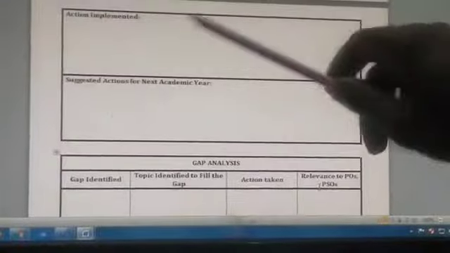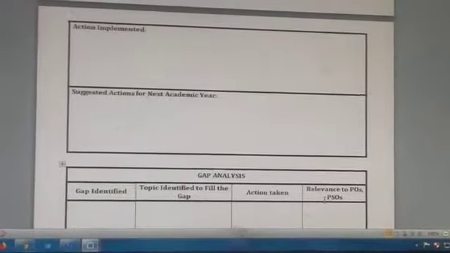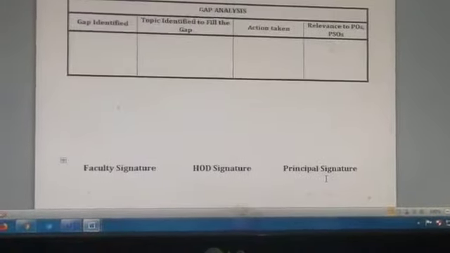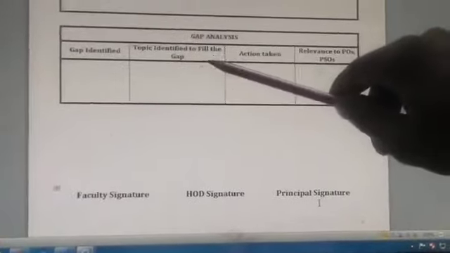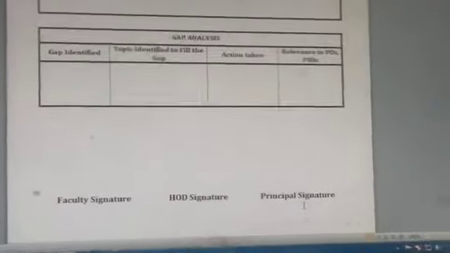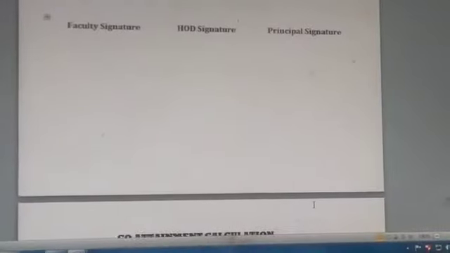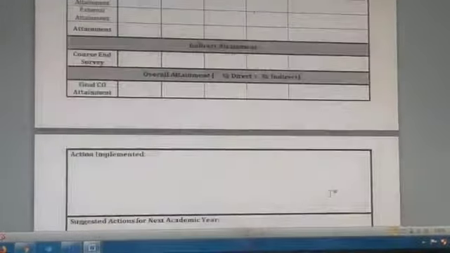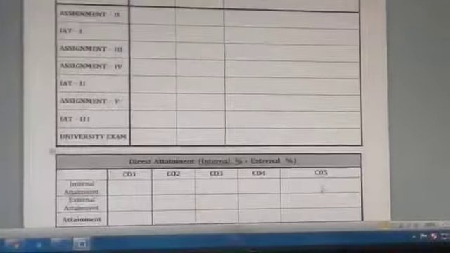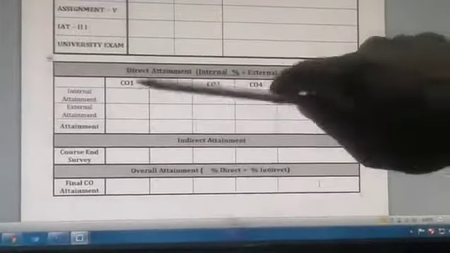So this is the action implemented. This is the suggested action for next academic year. So these are the gap identified and the topic identified to fill the gap, action taken, relevance to POs and PSOs. Now I have to explain the step-by-step procedure for how to find out the internal attainment for each CO.